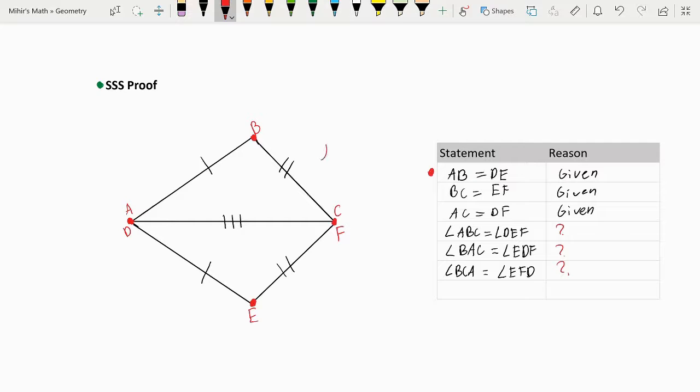Side BC is equal to side EF, and these two sides, which I've put on top of each other, these are sides AC and DF. In this diagram, I've put them on top of each other, and they are also equal.